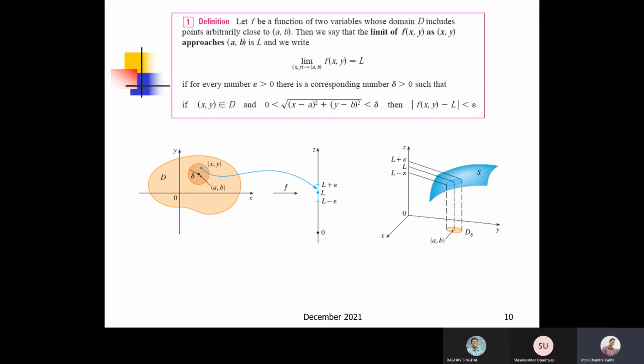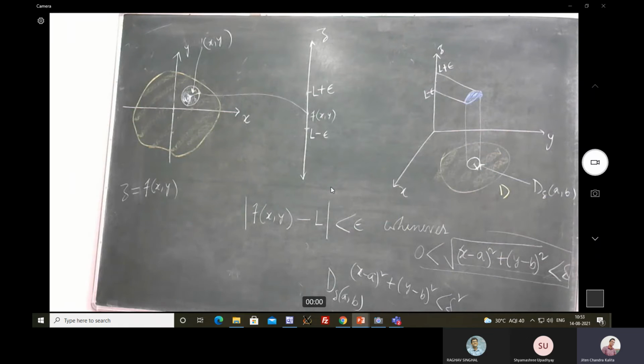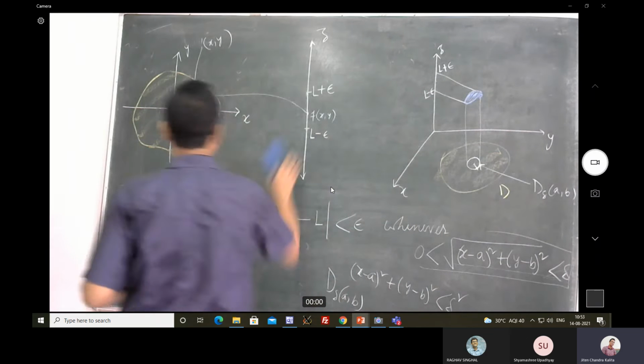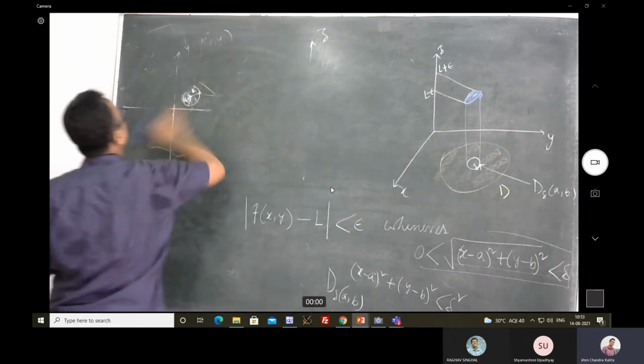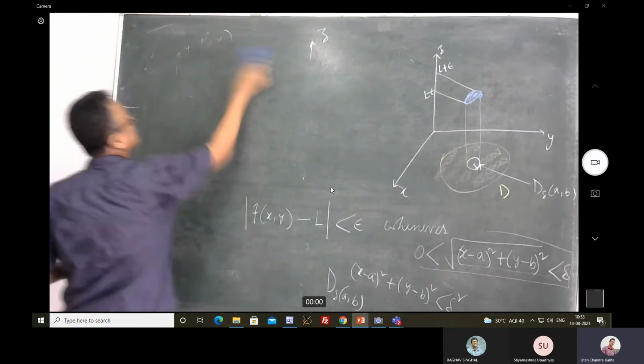Now there is one extremely important thing you have to consider whenever we consider the limit of a function of two variables.